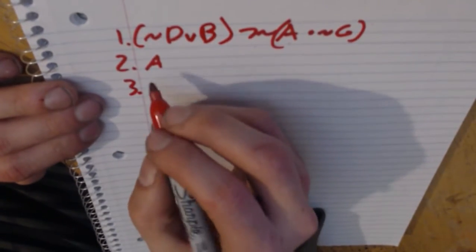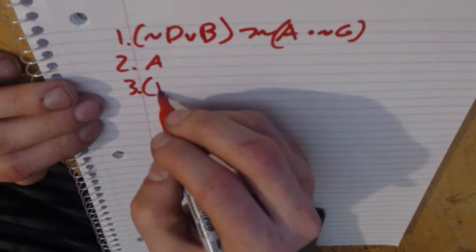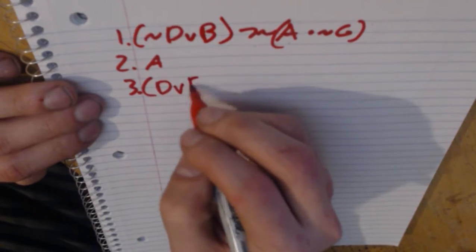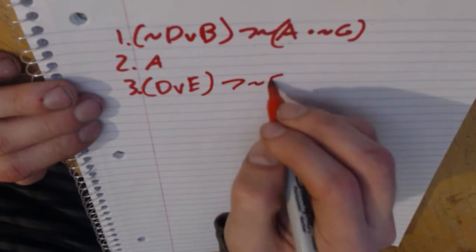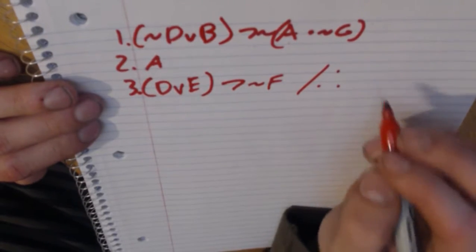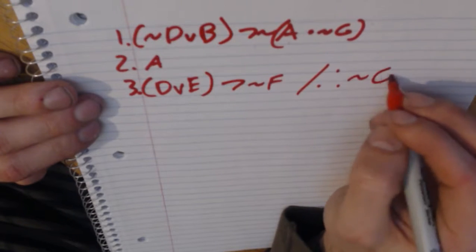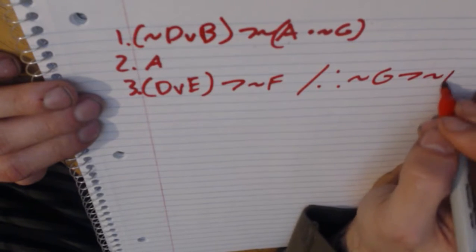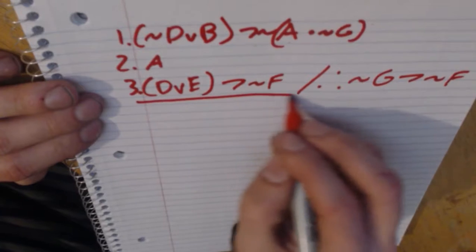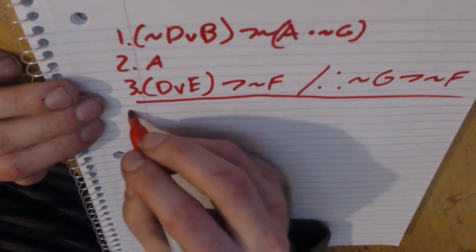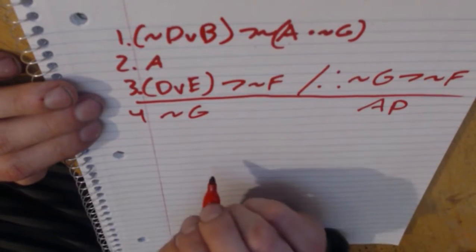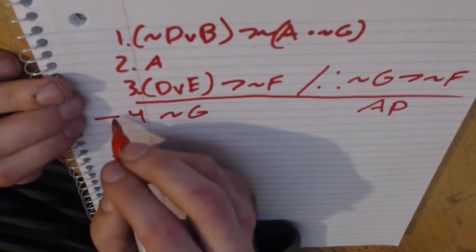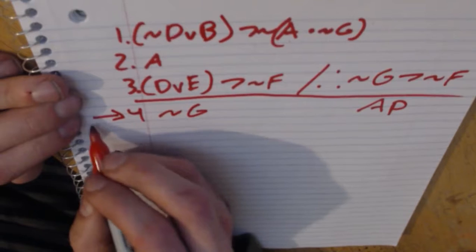When you see stuff all by itself, a little light should be going off in your head that it may be useful. Not F. And now we're trying to get to not G, therefore not F. Beautiful. So 4, not G. That's our assumed premise. Okay. And we're going to start our little thing down here.